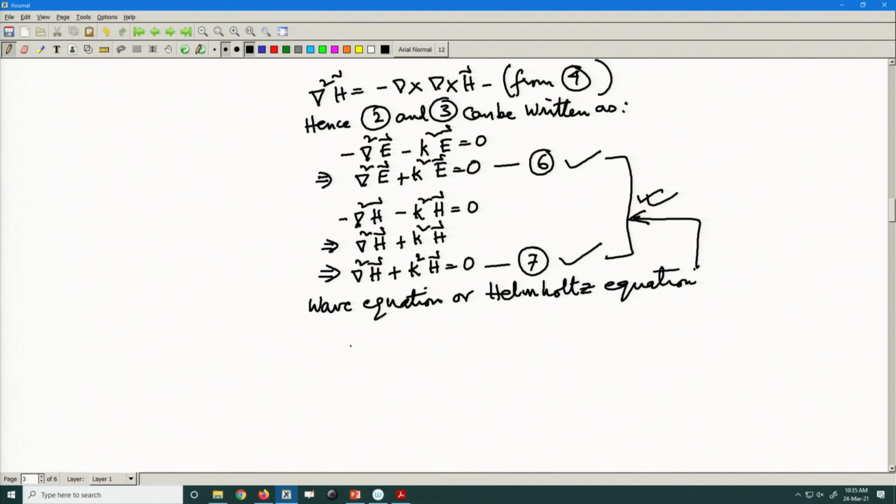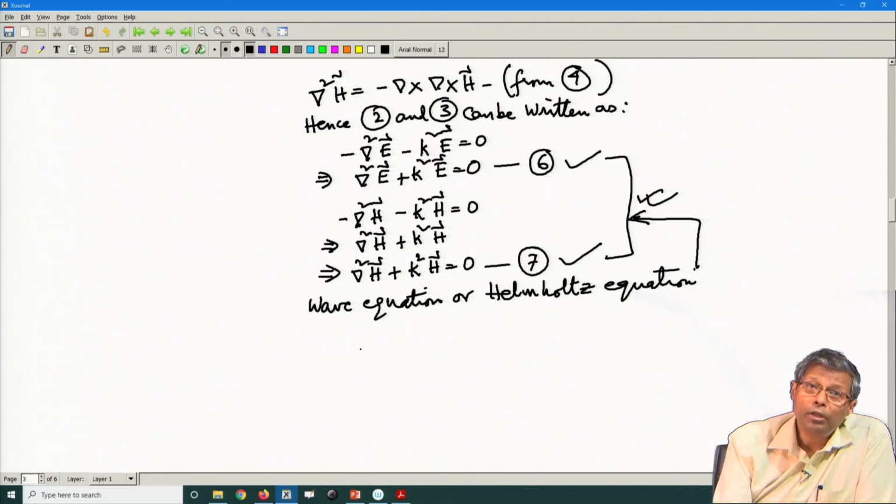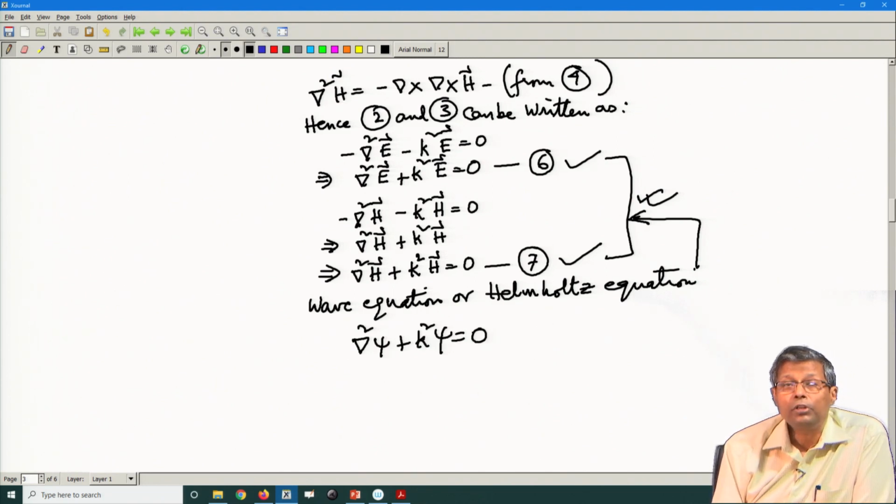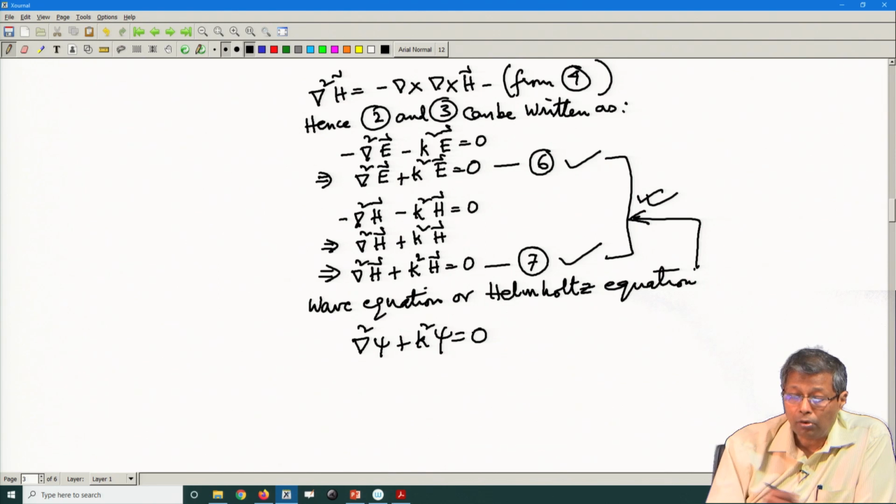Both these equations can be succinctly written as grad square psi plus k square psi equal to 0, where psi can be either E or H.